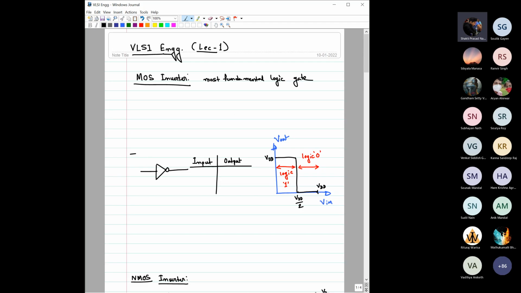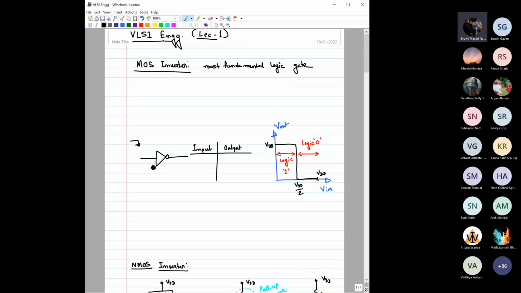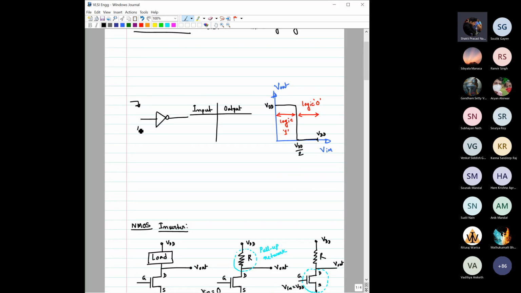This is the circuit symbol, with the input and the output. In terms of the truth table, when the input is at logic 0, the output is logic 1. When the input is at logic 1, the output is at logic 0.